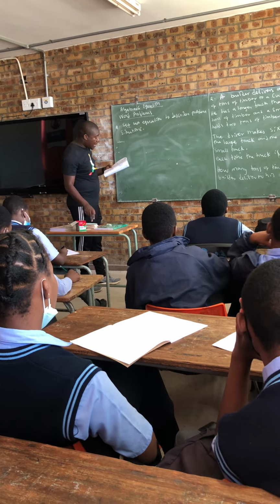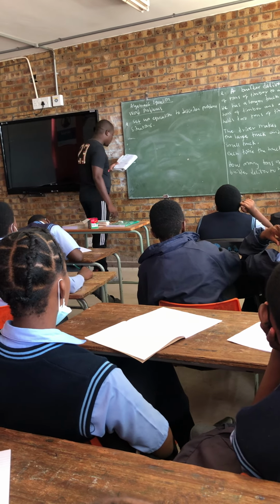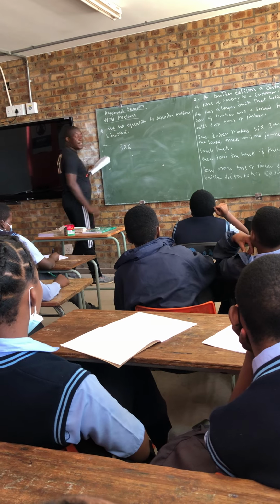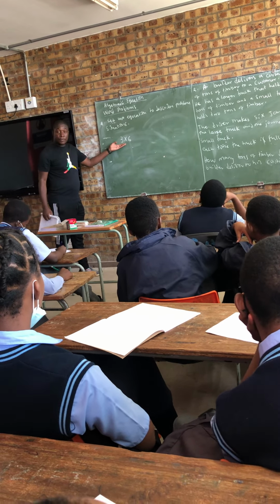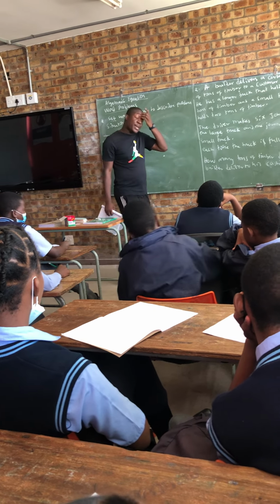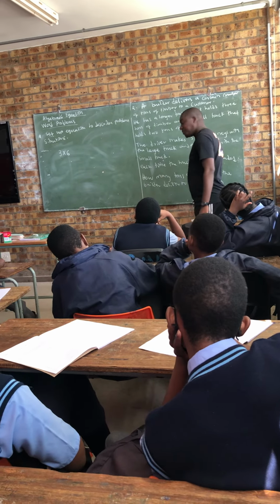We know that the large truck holds 3 tons. So we are going to say 3 multiplied by 6 journeys, because 3 is the number of tons and 6 represents the journeys made by the builder.